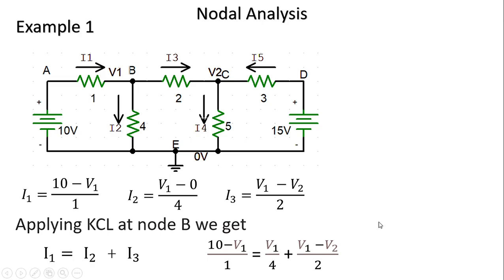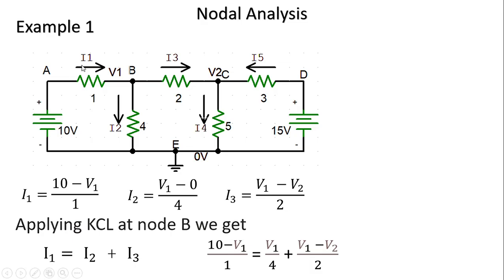Now we are going to apply KCL at node B. We apply KCL only at the principal nodes. I1 is the incoming current, I2 and I3 are the outgoing currents. According to Kirchhoff's current law, the algebraic sum of the currents at a particular node is equal to 0, which means entering currents equal leaving currents.